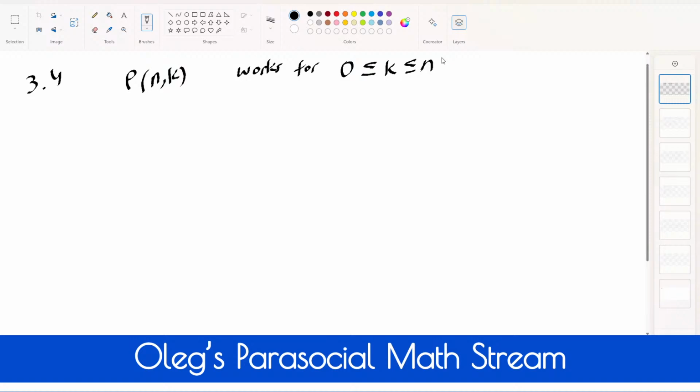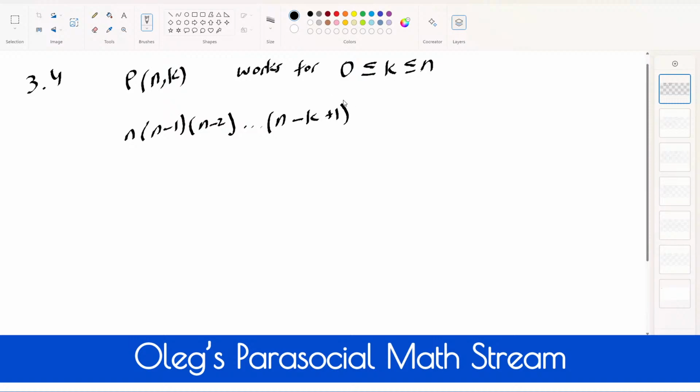Right. Okay, so I just need a minute. I'm going to write out this equation. All right, so then we're going to say we can have n, n minus 1, n minus 2, up to n minus k plus 1.